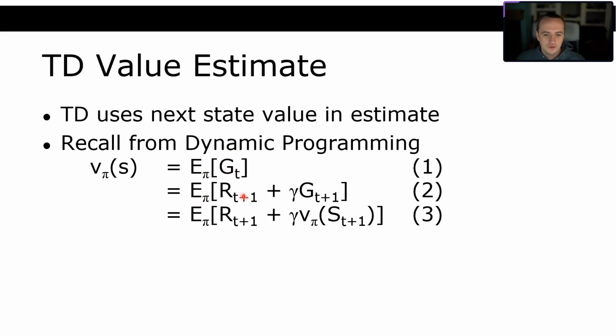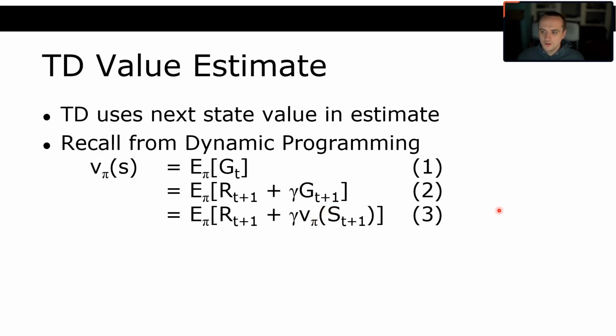And this is equal to the next reward plus gamma times the return following the next state. We derived this formula earlier, so I don't need to do it now. But what's the return at time t plus 1? Well, that should be, ideally, the value at state S_{t+1}.